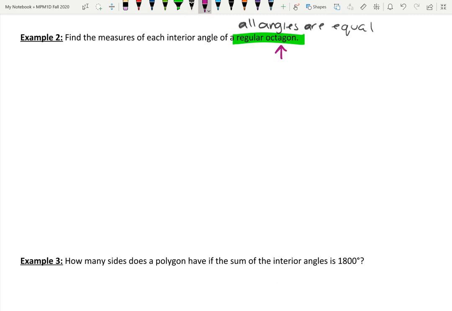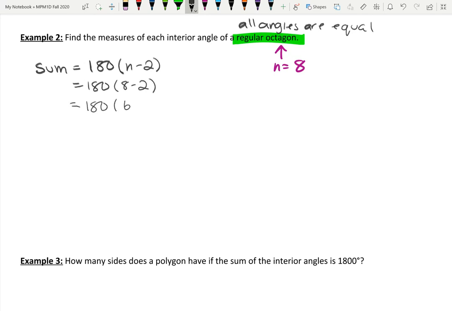So octagon, that's an 8-sided shape. So n is equal to 8. So sum is equal to 180 times n minus 2. I'm going to plug in 8 for n, simplify my brackets, and then multiply by 180 degrees.